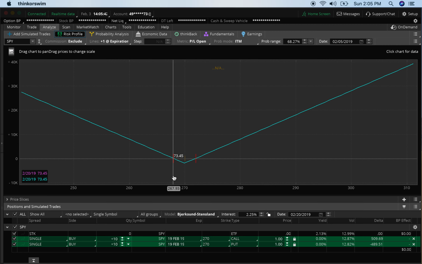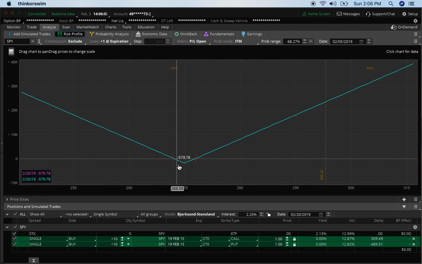Right here, 268. It's hard to get it right on. That's at 267.99. So 268. And that'll cover both premiums, right? Ignore this line. So yeah, it'll cover both premiums if you get past one of these red lines.